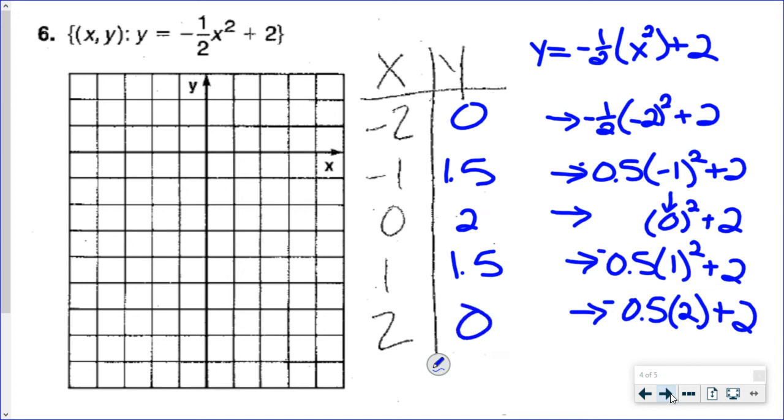So negative 2, 0 is here. Negative 1, 1.5, 0, 2, positive 1, 1.5. You know where 1.5 is, and this. So my curve is like that, okay? And that's my parabola. Make sure it's a curve and not a V.